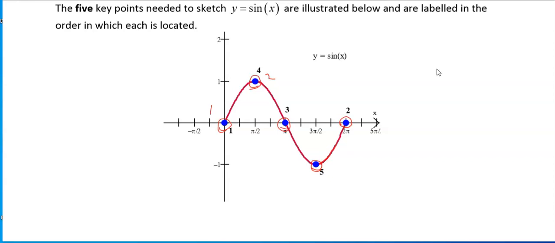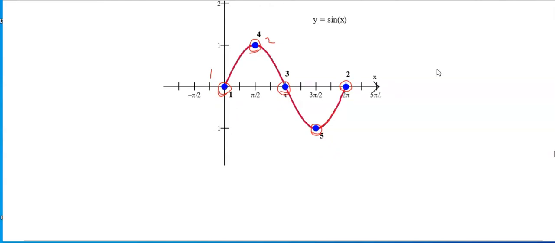Basically, 3 of the y values are going to be 0, and one of them is going to be a maximum, and one is going to be a minimum. And that depends on your amplitude, doesn't it? How high and how low your curve is going to go. The x's, like I say, are going to be a little bit trickier.